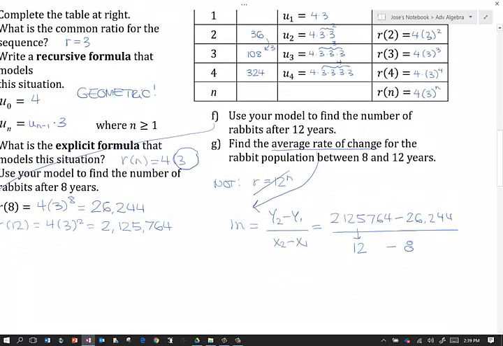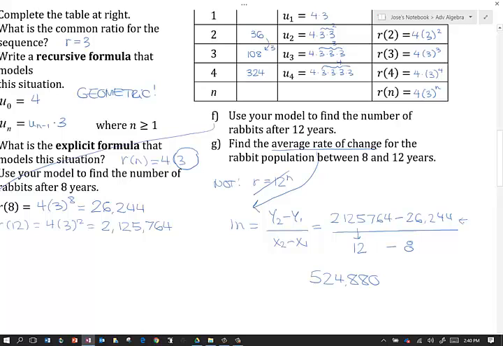If you use a calculator to compute this, you will be getting an answer which is 524,880, and this has units.